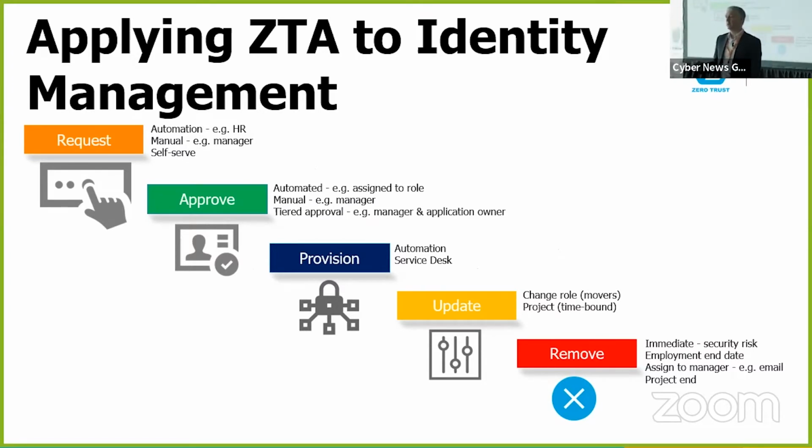You need to assign those usually to the manager, but maybe it's going to be to a peer or somebody else, so that you don't lose those. And in some systems, even where you will automatically remove the user, you can say remove them after 30 days. So the person who's been granted the access to the information has time to move it or to take over ownership of it. Okay.